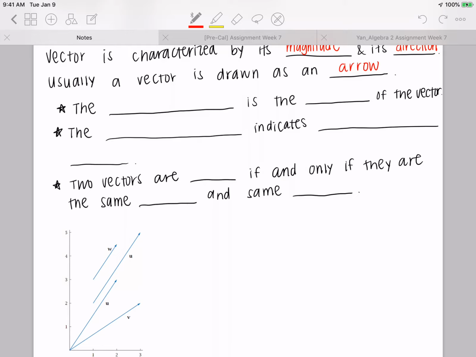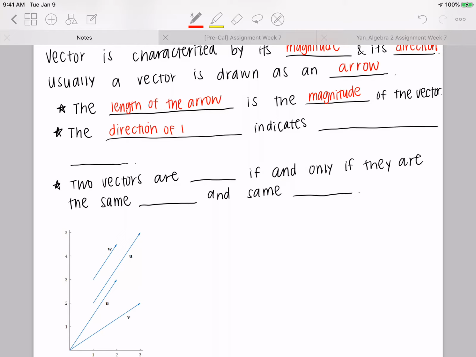So let's talk about the length first. The length of the arrow is the magnitude. So anytime I ask what is the magnitude of this vector right here, you would basically use the distance formula and figure out what the length is. And then the second thing is the direction. Where is this arrow pointing is really important.